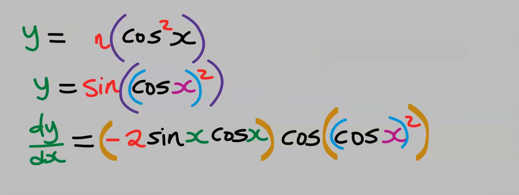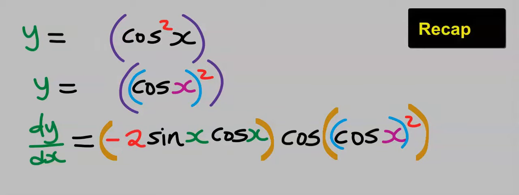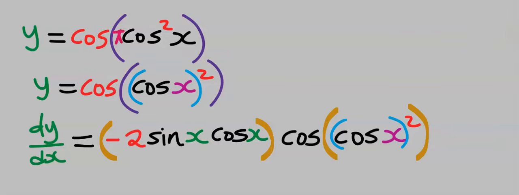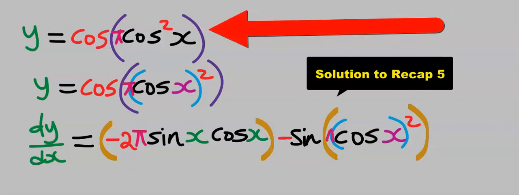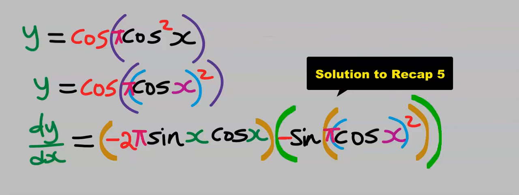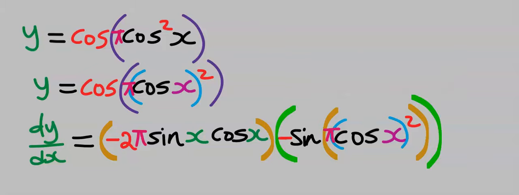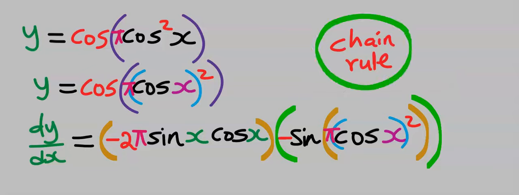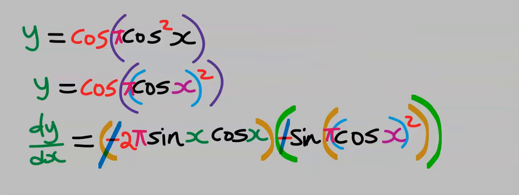Likewise, if you remove this sine and replace it with cosine, also including the pi, the final result will include a pi here, and this cosine will become a sine with a negative, and with the pi inclusive. This will become the answer using chain rule, and this minus can take away this minus.